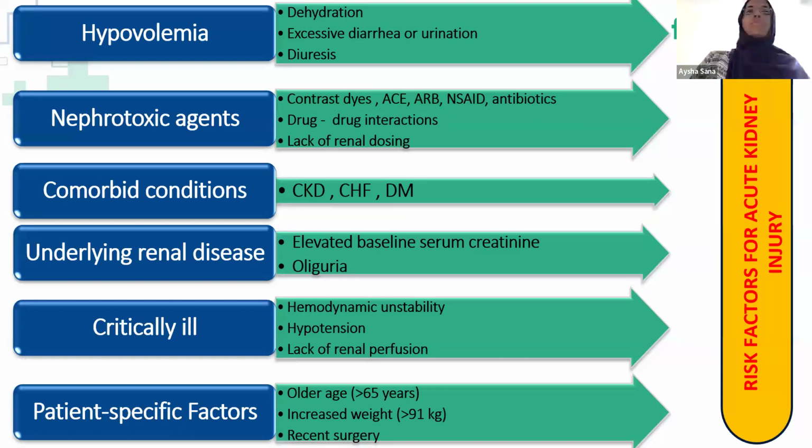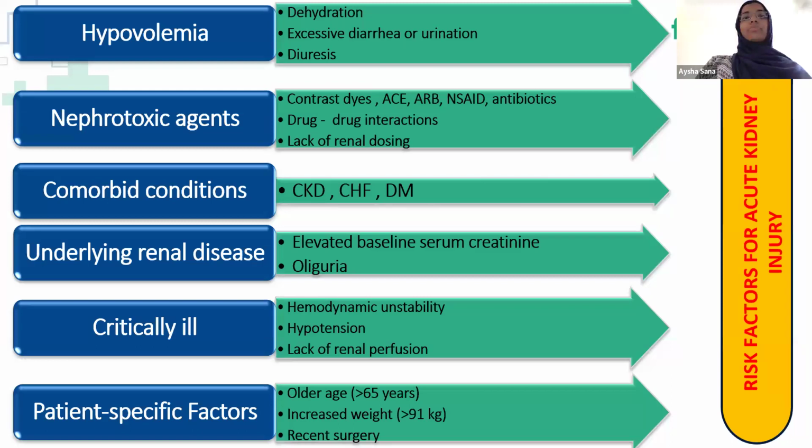Then we also have to consider comorbidities of the patient. A patient with CKD or heart failure, diabetes mellitus are also prone to further renal injury if we administer a nephrotoxic drug. Then underlying renal diseases like an already known case of CKD or patients with reduced urine output are also at increased risk. Then come the critically ill patients who might already have hemodynamic instability, hypotension, or lack of renal perfusion.